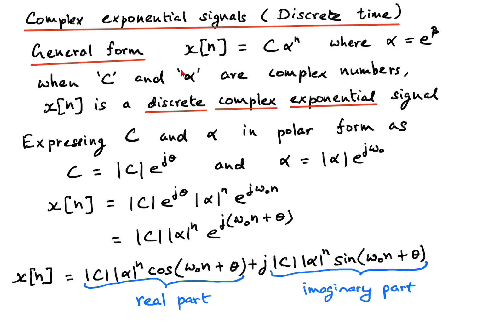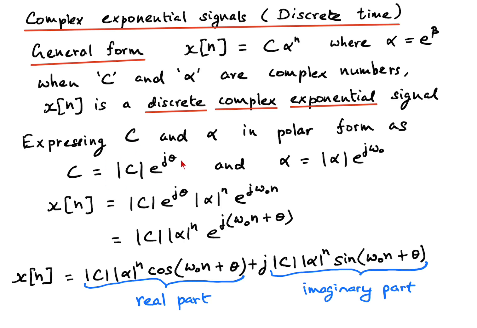Now when we choose these parameters C and alpha as complex numbers, then we are going to get the discrete complex exponential signal. In the case of continuous signals, we represented C in polar form, and the parameter r there in rectangular form. But now for the discrete case, we are going to express both C and alpha in polar form, and then expand our signal and see what it looks like for different combinations of alpha.